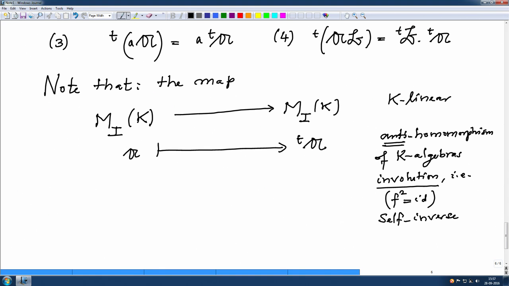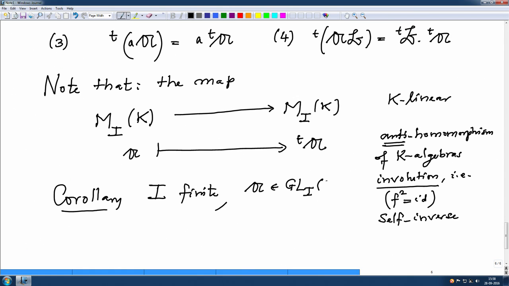So corollary: again I is a finite set, and we want to say something about this group. A is an element in the group GL_I(K). That means A is an invertible matrix, an invertible element in the K algebra M_I(K).